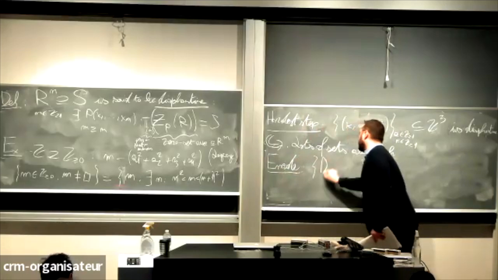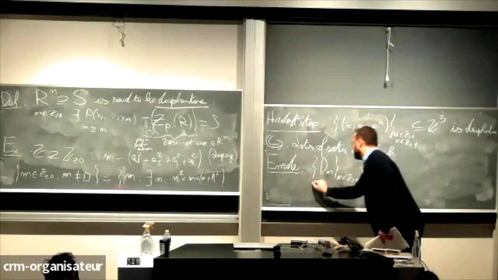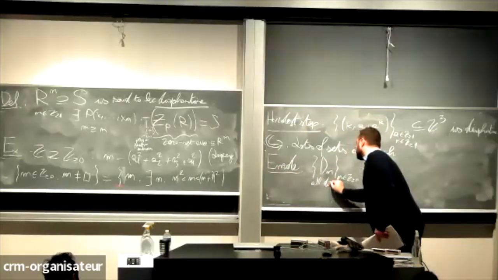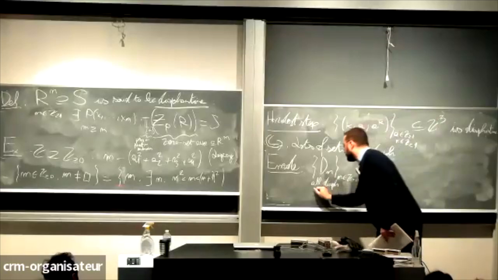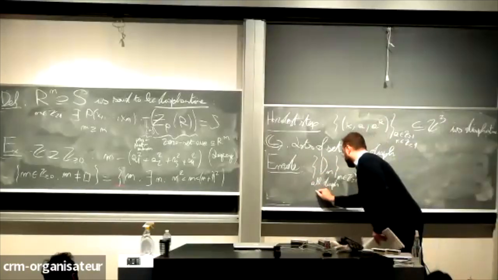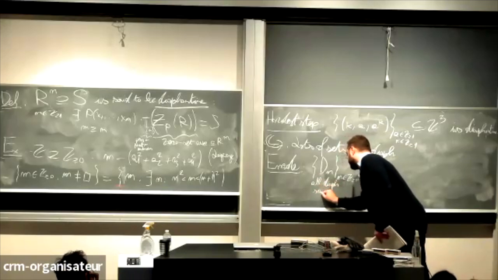So you can encode D_n, where n is in Z at least 0. These are all Diophantine sets. Remember, there are countably many Diophantine sets in Z because there are countably many polynomials in infinitely many variables.